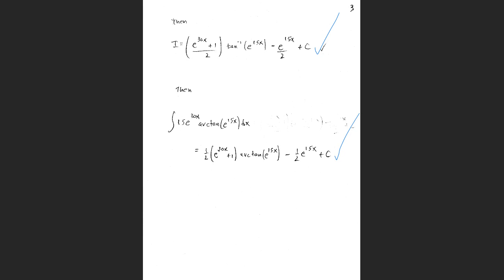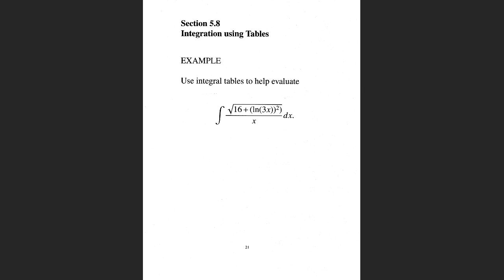Okay. Well, let's look at a new problem. Let's look at this one. Go ahead and copy the problem down.